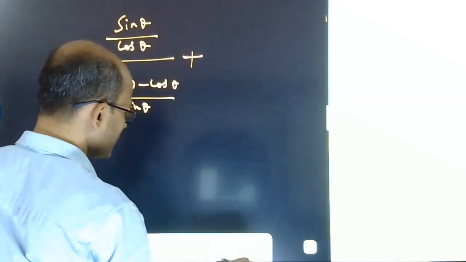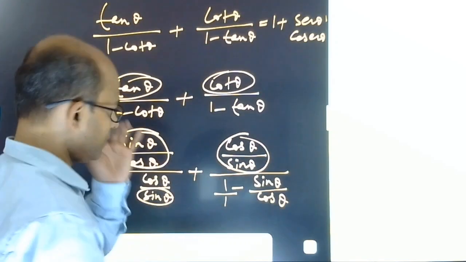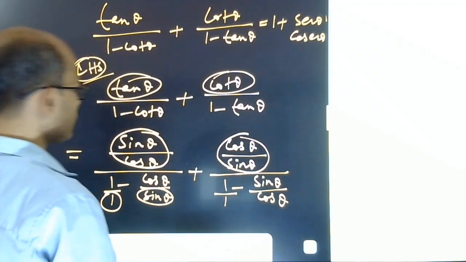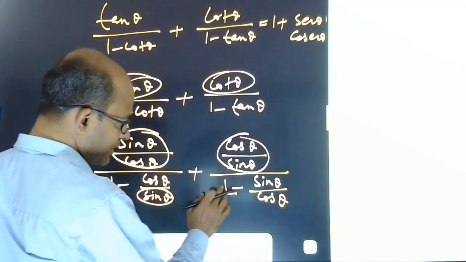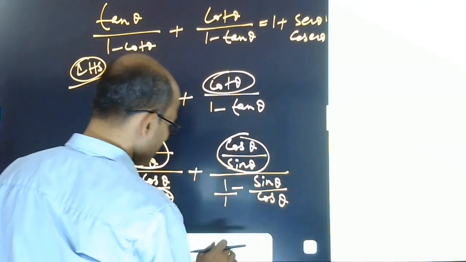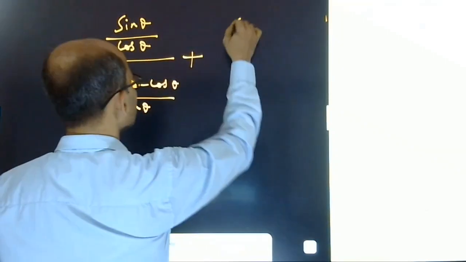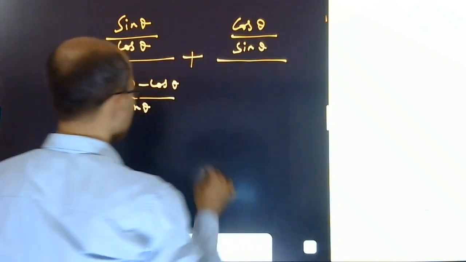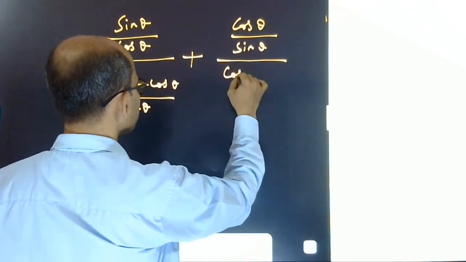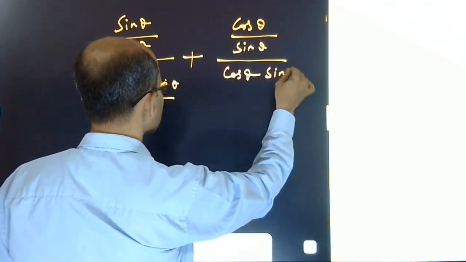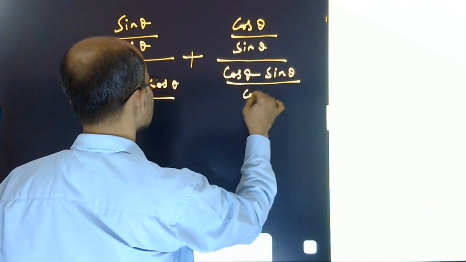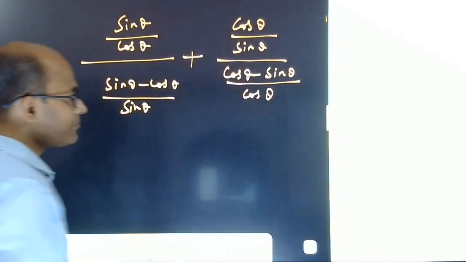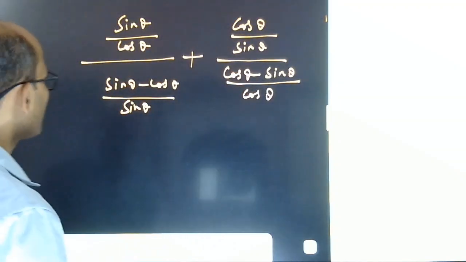Exactly in the same manner, the remaining part: cos theta upon sin theta, and cos theta minus sin theta divided by cos theta. It's okay, no problem. Accordingly, we have written.